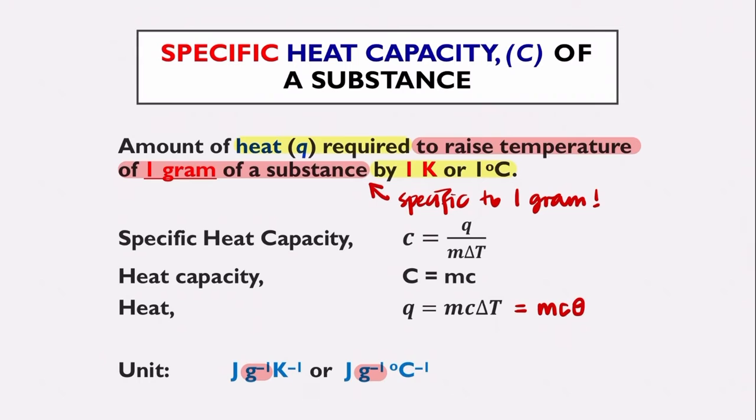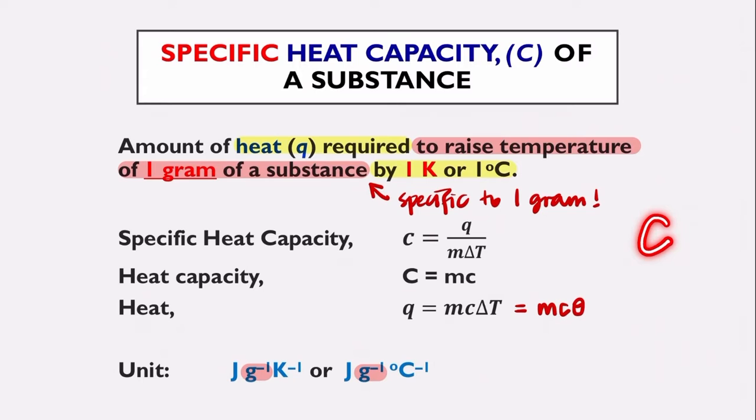So how much heat is required to increase the temperature of 1 gram of a substance by 1 Kelvin or 1 degree Celsius. So specific heat capacity is specific to 1 gram, unlike the capital letter C.